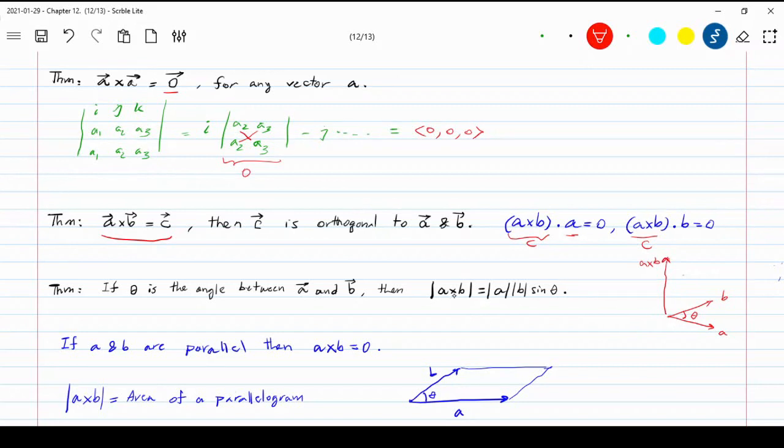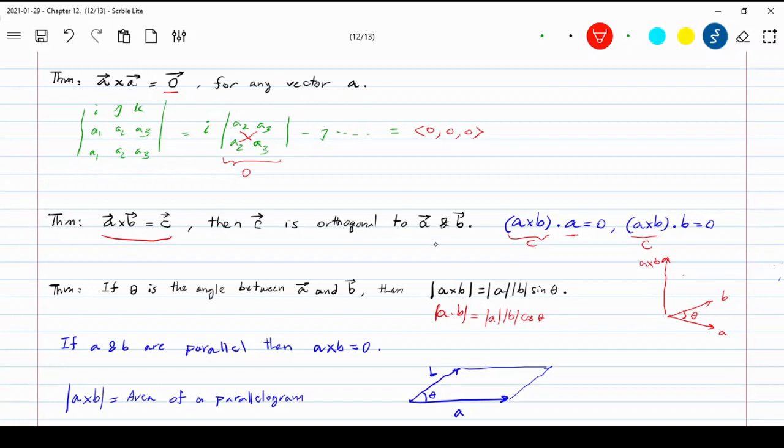The magnitude of this cross product is magnitude A, magnitude B, sine theta, sine of the angle between the two vectors. It is very similar to A dot B. If you remember, A dot B is magnitude A, magnitude B, cosine theta. But for the cross product, you get sine theta.